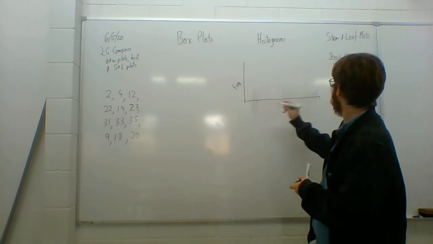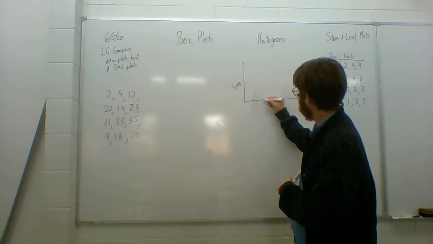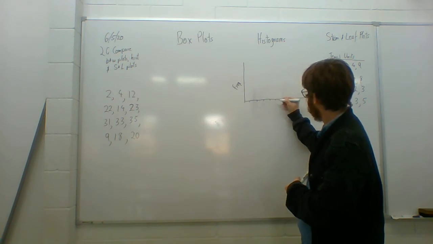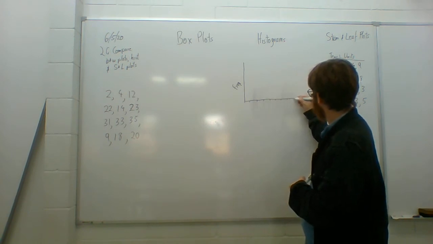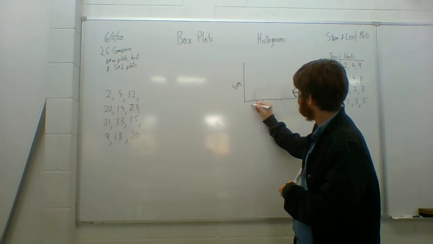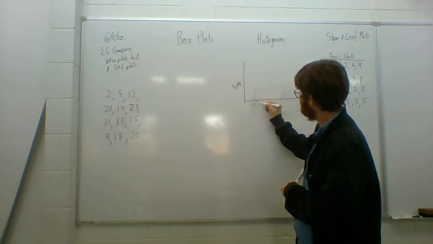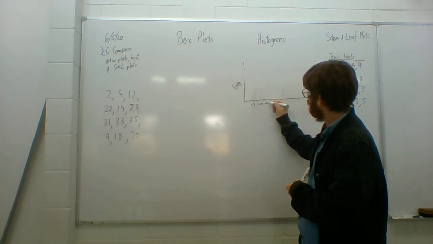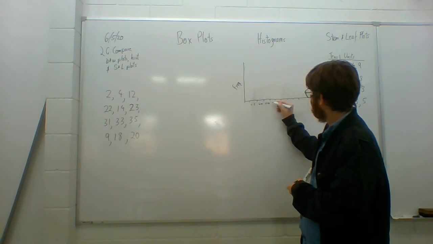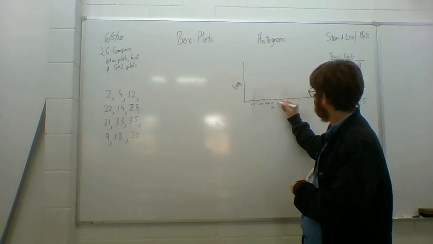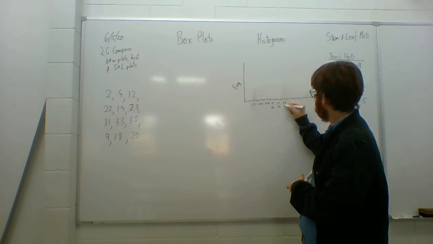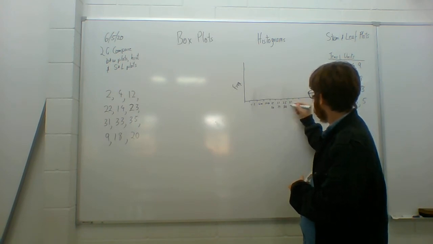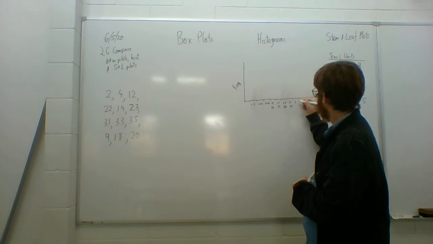I want 8 columns: 1 to 5, 6 to 10, 11 to 15, 16 to 20, 21 to 25, 26 to 30, 31 to 35, and 36 to 40.